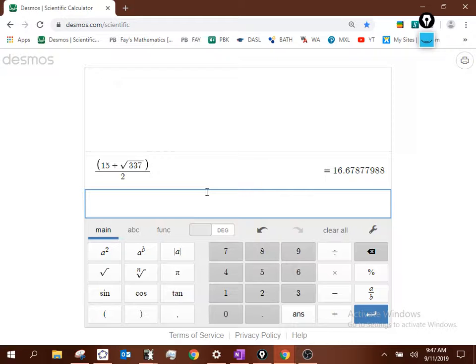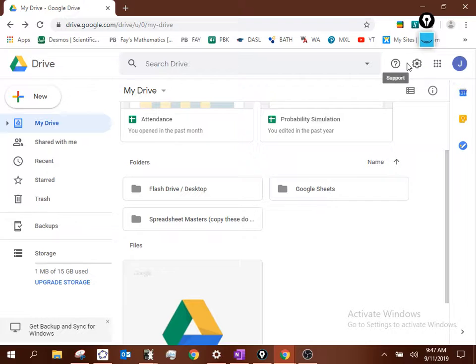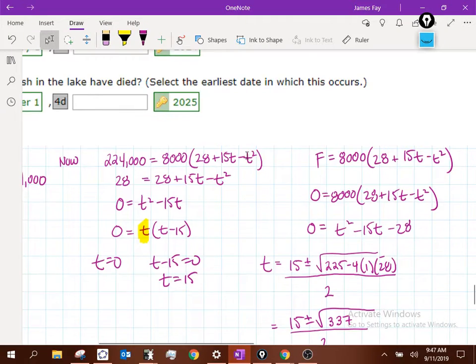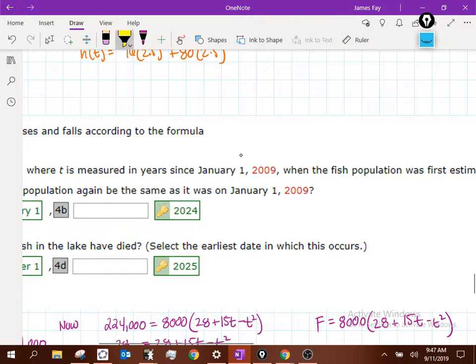So I know I'm in the 16 years. Well, if I think about 2009, January 1st, 2009 is what I started with. Add 16 years to that, and that gets me to 2025. Is that the answer there, right?